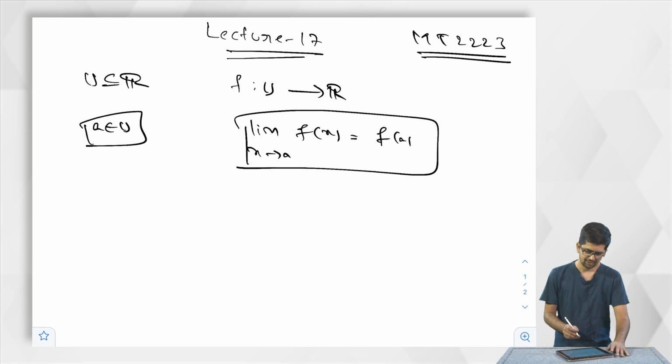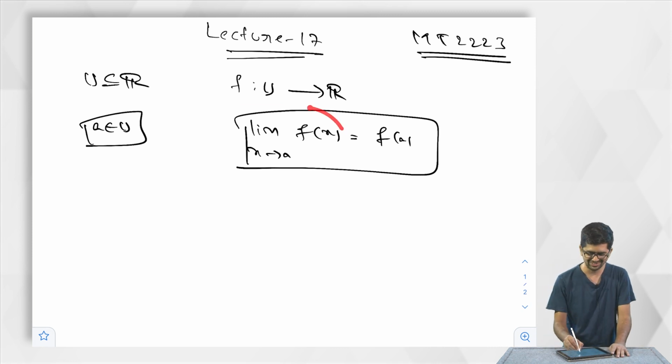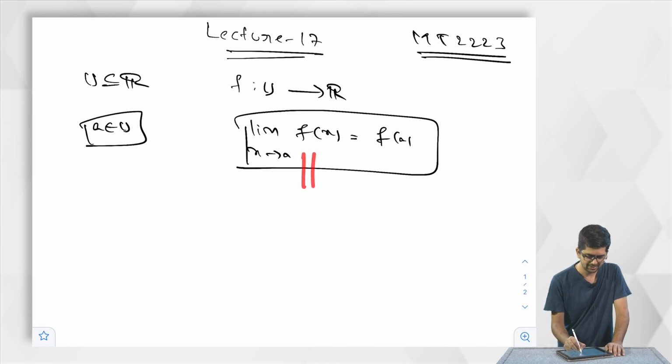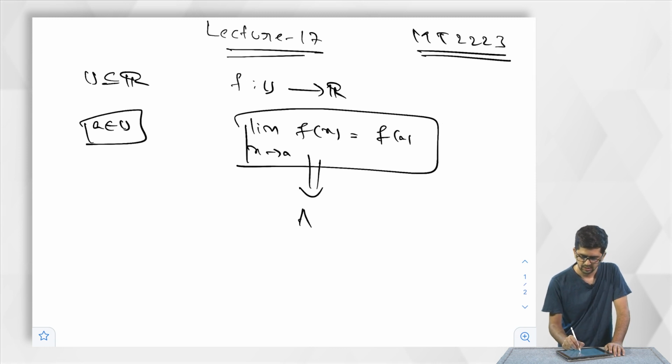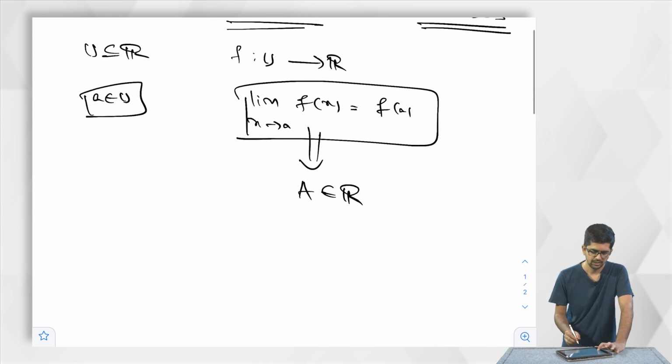Now, maybe you might already know the definition of this limit, but let me recall what it means. Let L be an element of R with some property. What is the property?